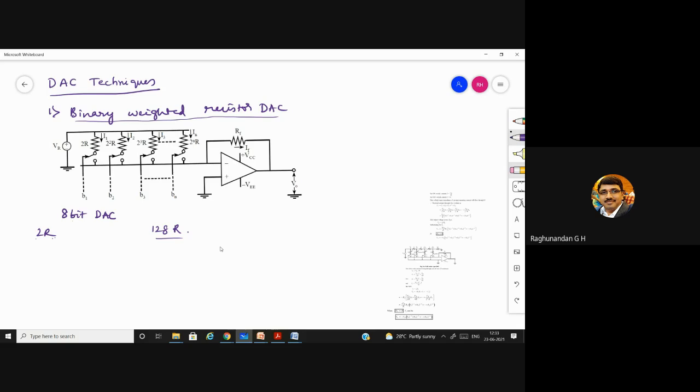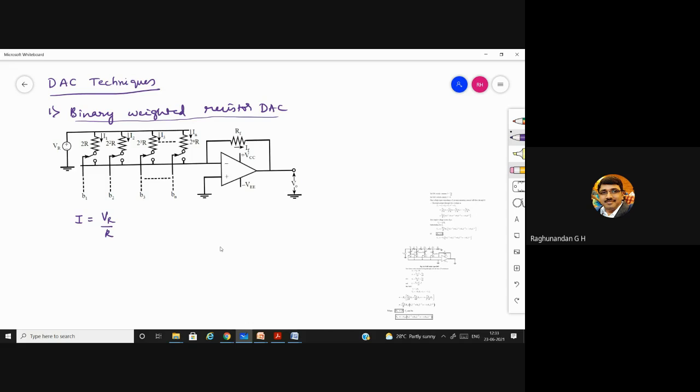Basically, here we are going to consider the current through each of them, and current is given by VR by R. The overall voltage, whatever it is given, there is a common voltage which is given to all of them. It will be common for all the resistors.